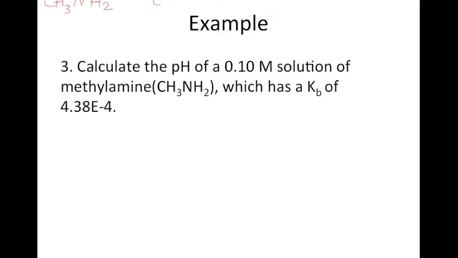Calculate the pH of a 0.1 molar solution of methylamine, which has a Kb of 4.38 times 10 to the negative fourth. So our equation is CH3NH2 plus H2O yields CH3NH3+ plus OH-.